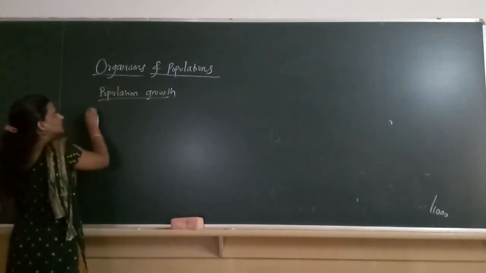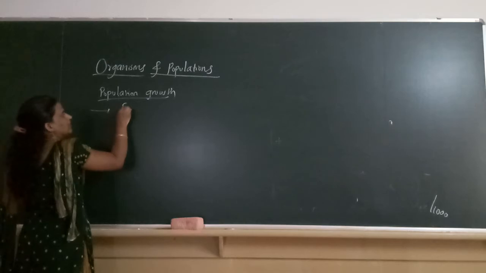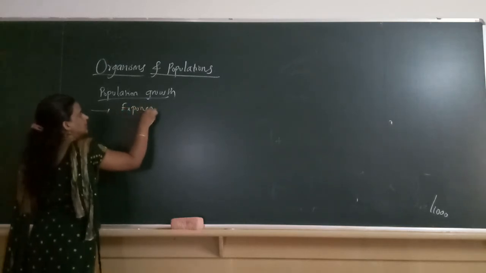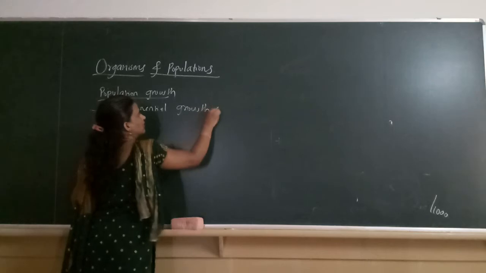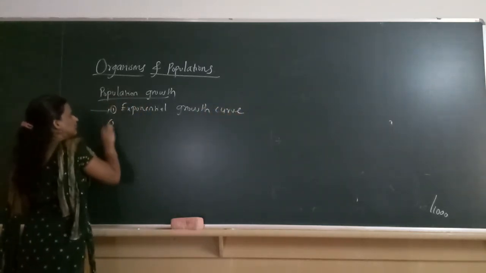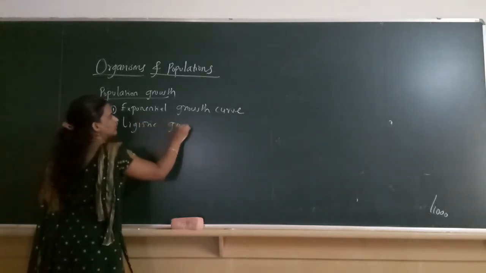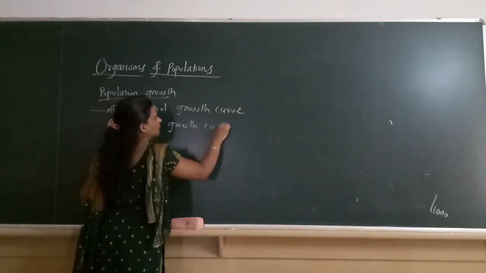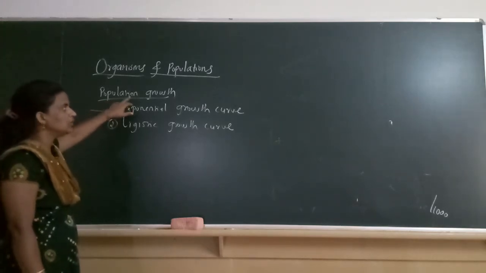One is the exponential growth curve and the second one is the logistic growth curve. By using these two curves, we will explain population growth.